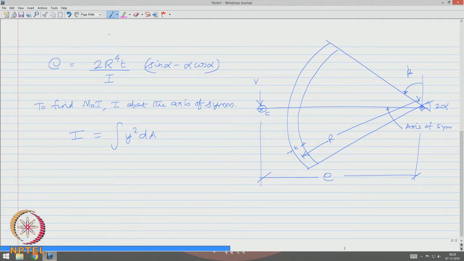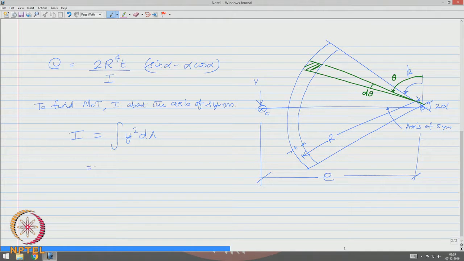We will cut a strip of segmental angle d theta at an angle theta from the vertical.